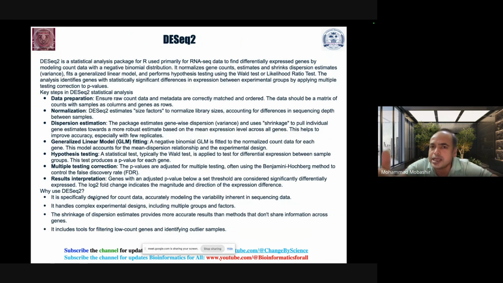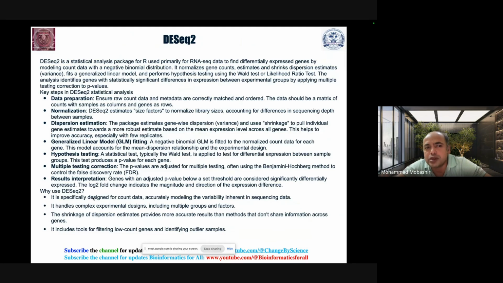It normalizes gene counts, estimates dispersion, estimates variance, fits a generalized linear model, and performs hypothesis testing using a Wald test or likelihood ratio test. The analysis identifies genes with statistically significant differences in expression between experimental groups by applying multiple testing correction to p-values.